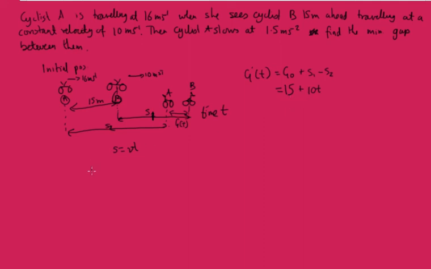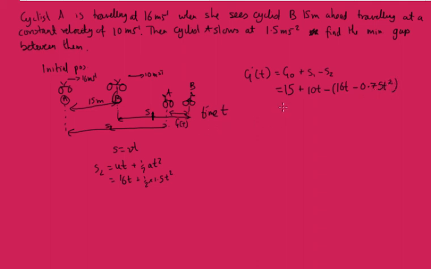But S2 is going to be equal to ut plus a half at squared, which is 16t plus a half times 1.5 t squared, which will be, we'll put it in here minus, and then we'll have 16t minus 0.75 t squared.